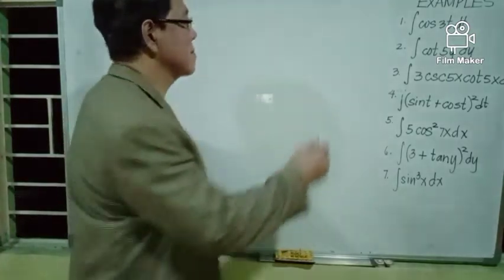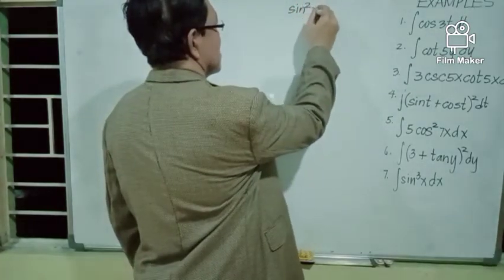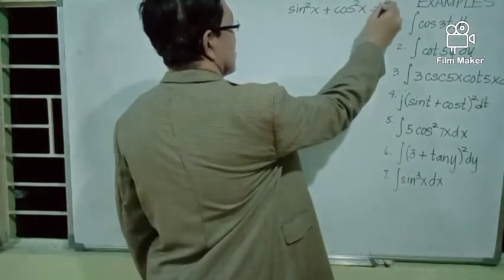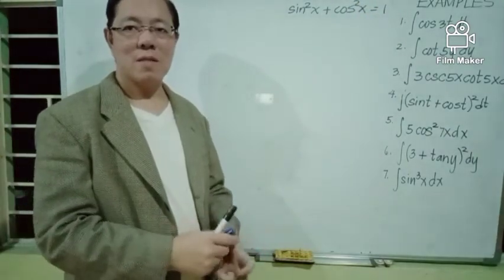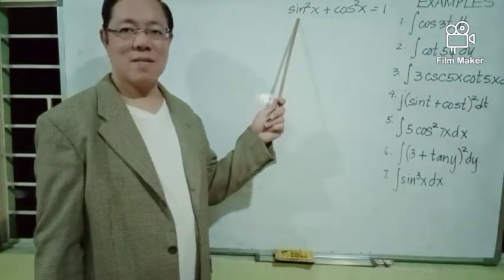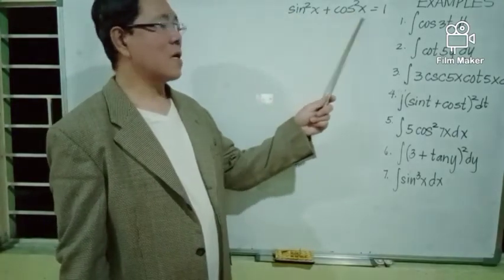We write sine squared x plus cosine squared x is equal to 1. This is one of the Pythagorean identities. It says the square of sine plus the square of cosine is equal to 1.